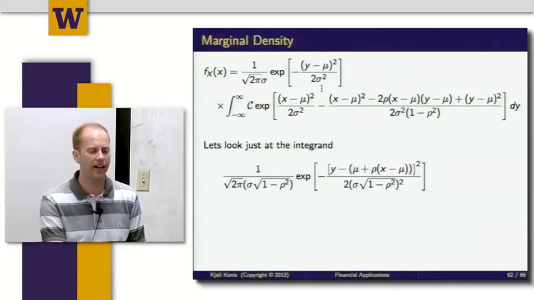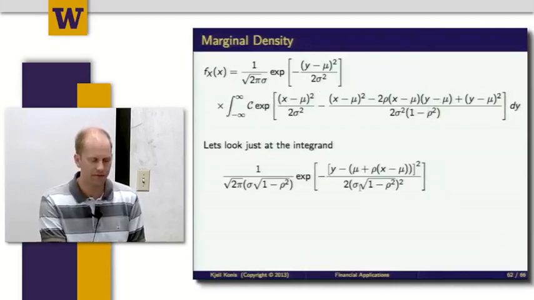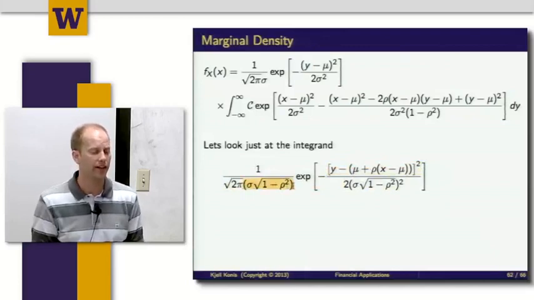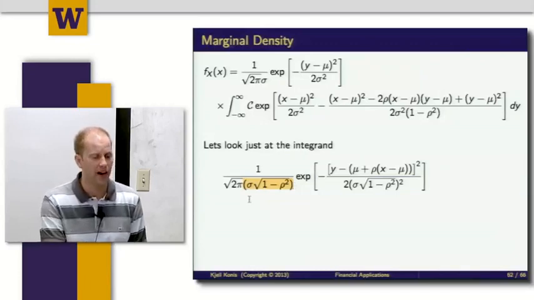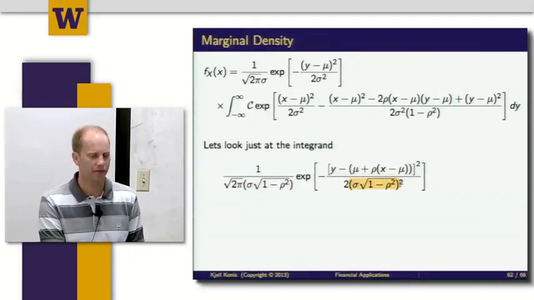So on the previous slide, I found another expression for what's in the square brackets here, and I've plugged that in here. And then in my c constant, I'm going to do the same thing. I'm going to write the sigma times the square root of 1 minus rho squared in parentheses. And now this constant here is equal to this constant here.